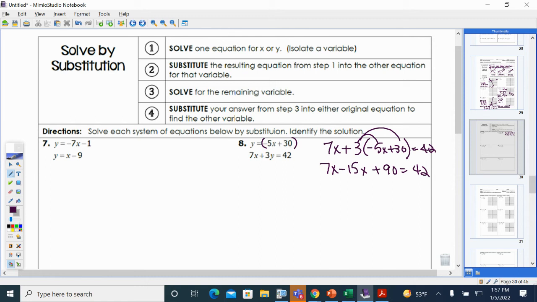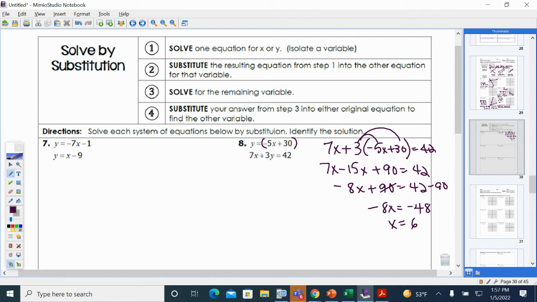I'm going to combine my like terms. 7x minus 15x is a -8x. Then we're going to subtract that 90. 42 minus 90 is -48. And then divide both sides by the -8, and you get x equals 6. So that is just half of your answer.